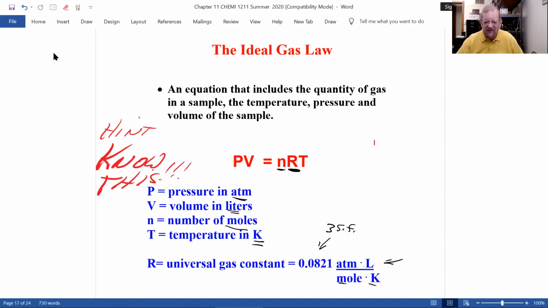Running out of room there, so I'll put it on this side. Remember, 3 stars and the word abbreviation important with an arrow tells you better know how to use this, because Dr. White loves the ideal gas law.